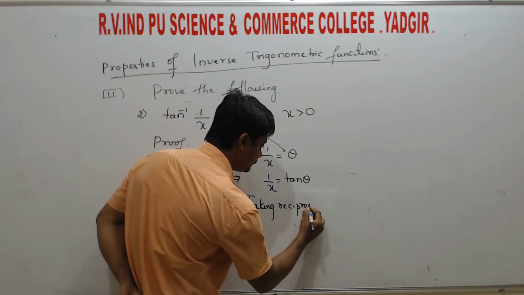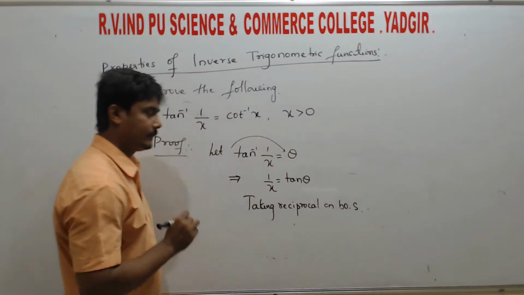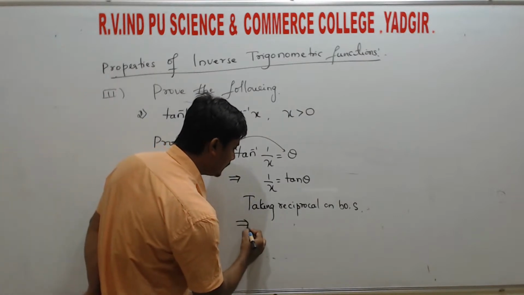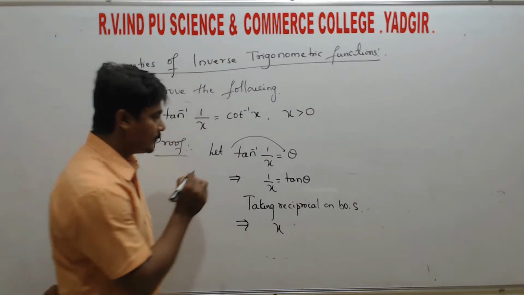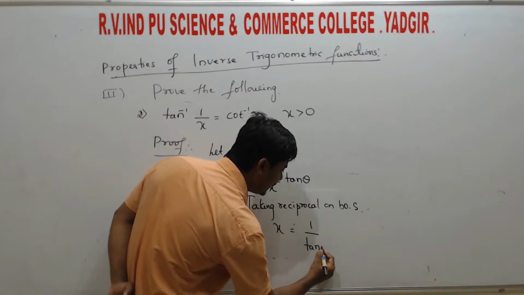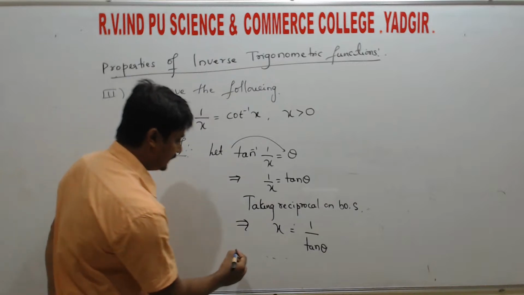Taking reciprocal on both sides. So what is the reciprocal of 1 by x? Reciprocal of 1 by x is just x. What is the reciprocal of tan theta? It is 1 divided by tan theta. Right?